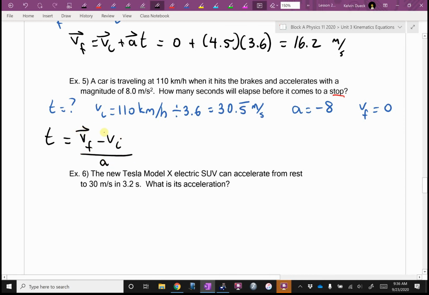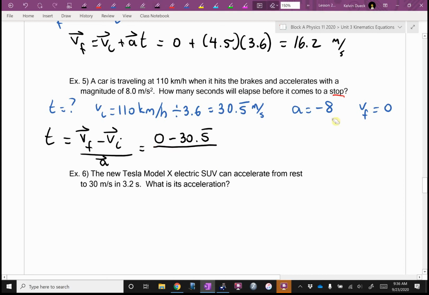And I'll put the vector symbols in now, finally. Then you'll keep going. What was VF as a number exactly? Minus VI. When we converted it to meters per second, I'm going to write 30.5 repeating. I'm going to hit my answer button on my calculator, and this is why all of you need to know where your answer button is.